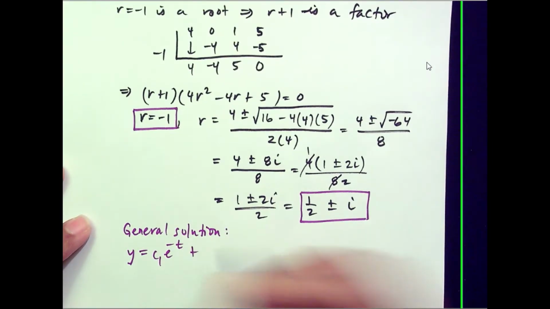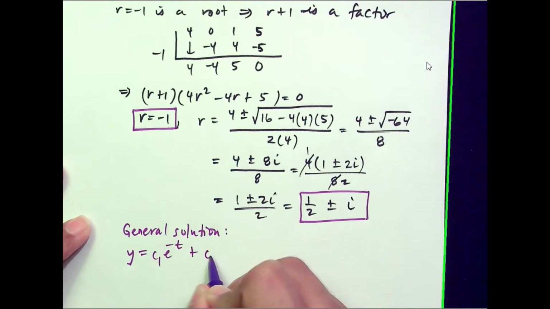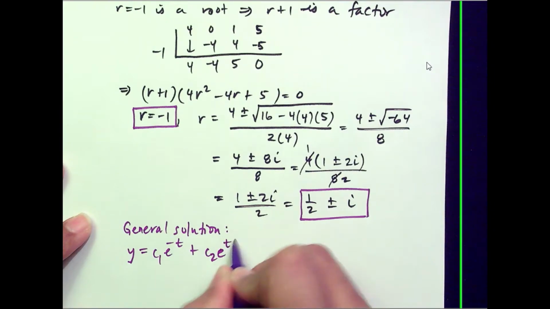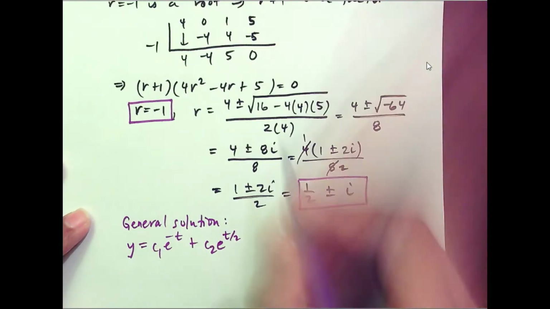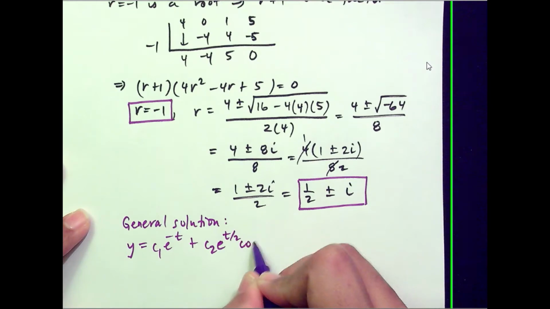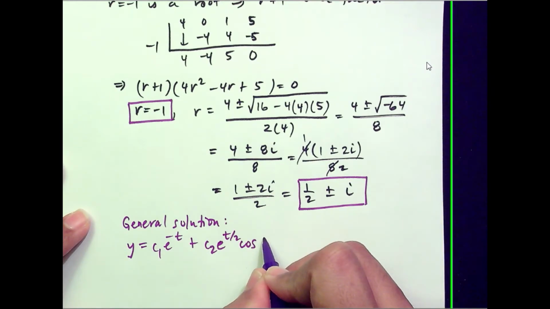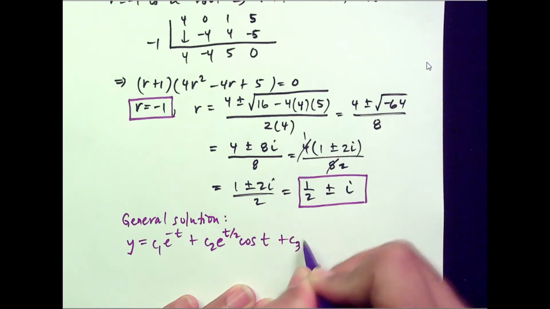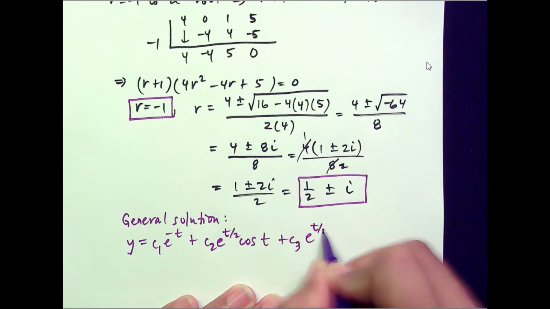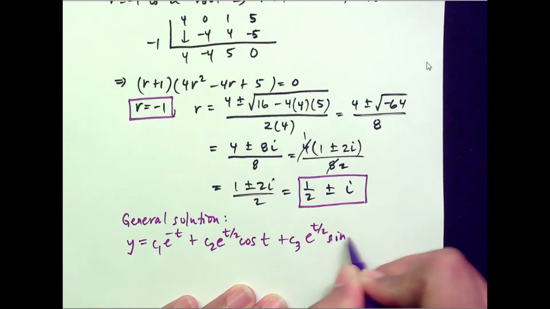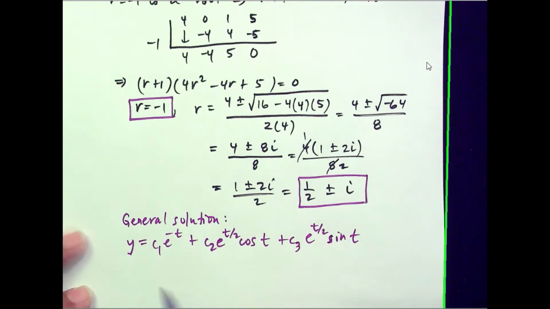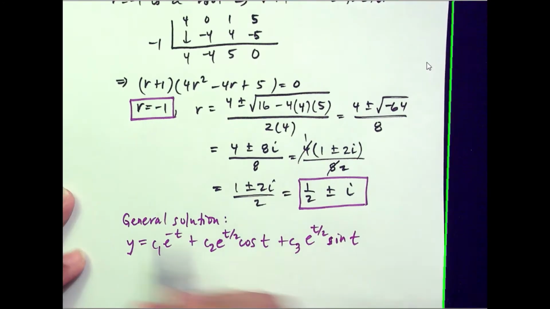And then for this one, we get c2 e to the 1/2 t, which is the same as e to the t/2, cosine of 1t, which is t, and then c3 e to the t/2 sine of t. That is the general solution.